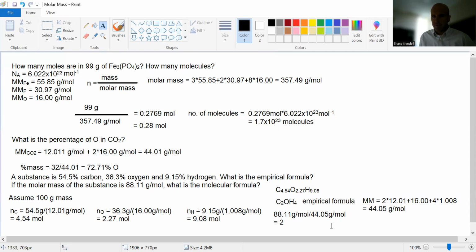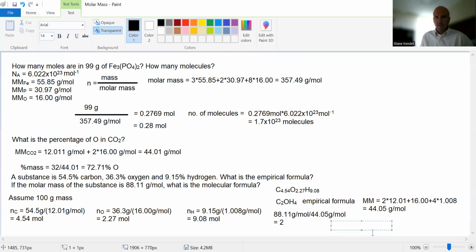So overall, what we've got is C4O2H8 is going to be our overall formula.